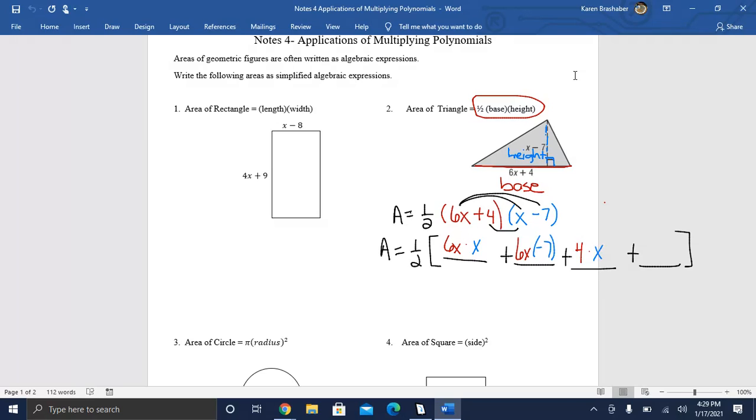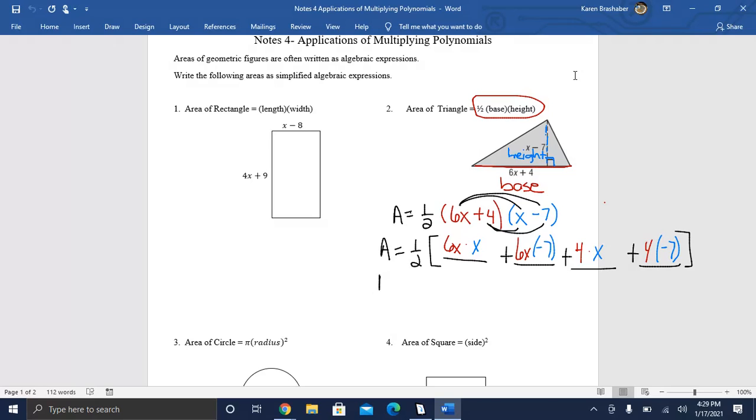And finally, we will do the distributive, taking the 4 times the -7. Since that 7 is negative, I'm going to again put that in parentheses.